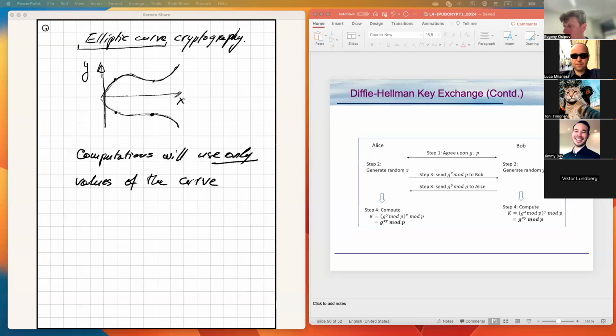For example, this XY combination is invalid.